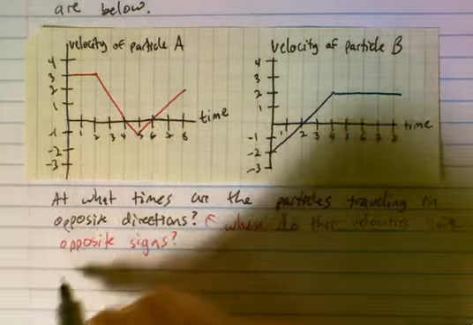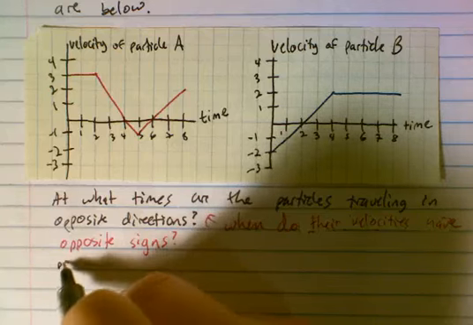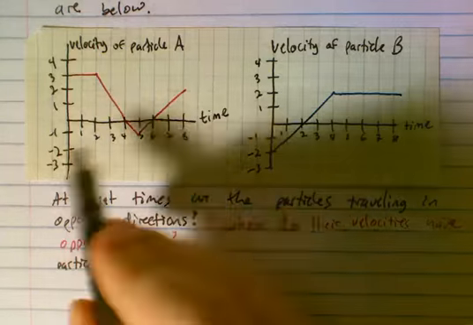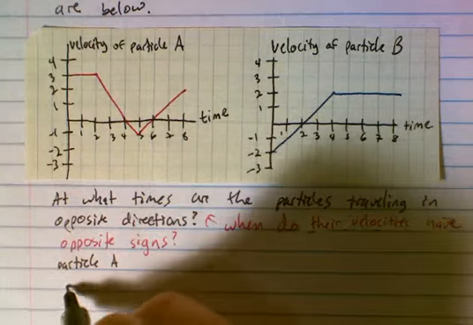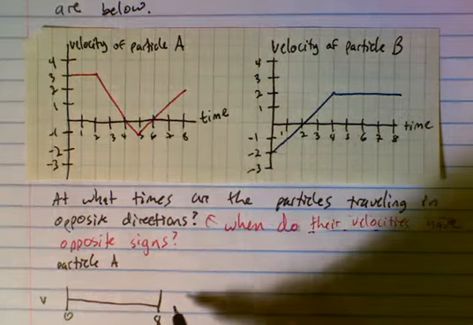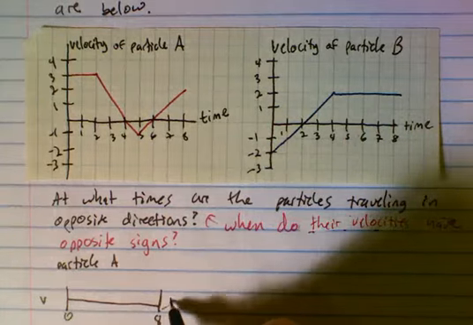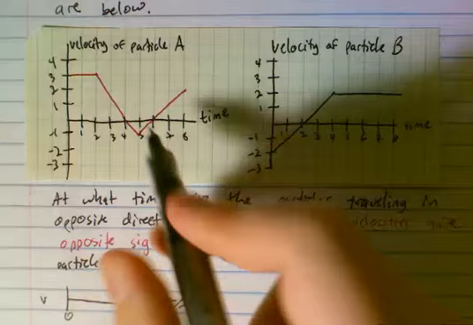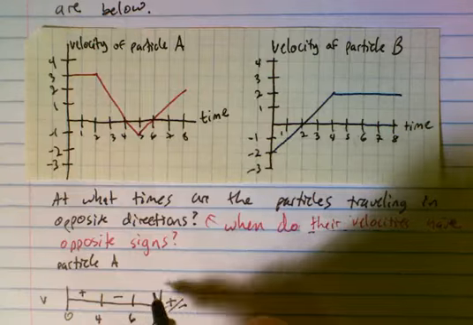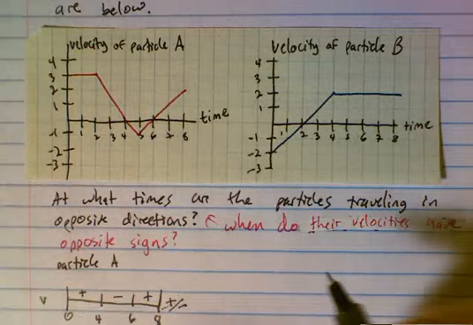Well, I can see for particle A, we're going between 0 and 8. And I can see it's positive up until 4, then it's negative until 6, then it's positive again until 8.